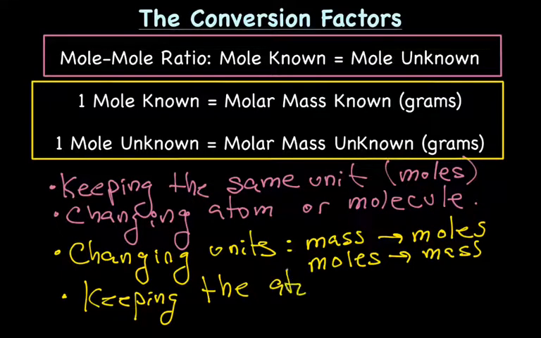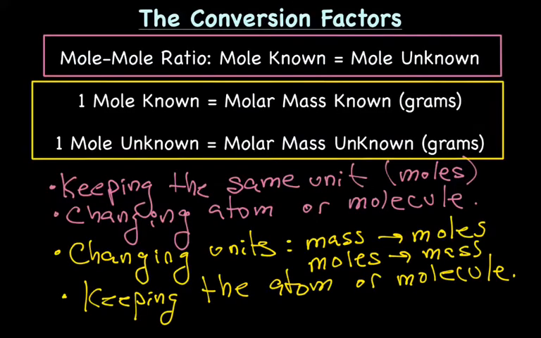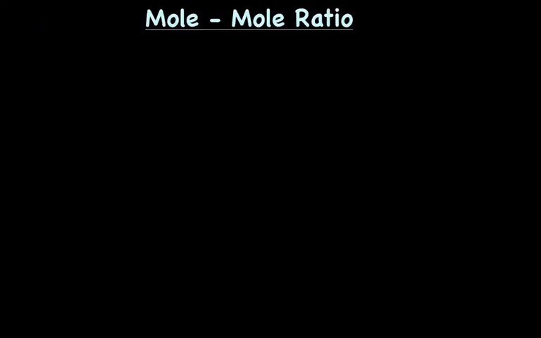So you can only change one thing at a time, either the unit or the atom or molecule. All right, onward. Let's talk about this mole ratio, and that's this pink one right here. When I say mole ratio, where does that come from? It comes from the balanced equation, and so how does it work?